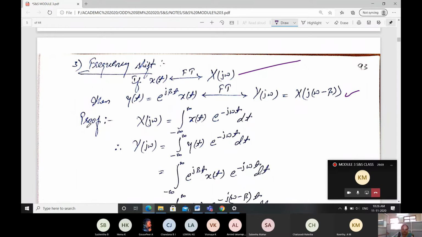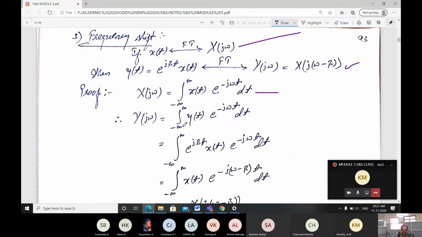Then the proof: X of j omega is equal to the integration from minus infinity to plus infinity of x of t e raised to minus j omega t dt. Then Y of j omega is equal to the integration of y of t e raised to minus j omega t dt.